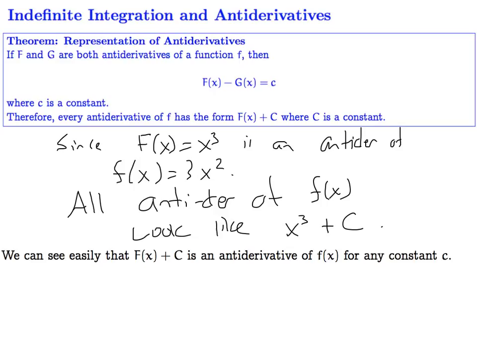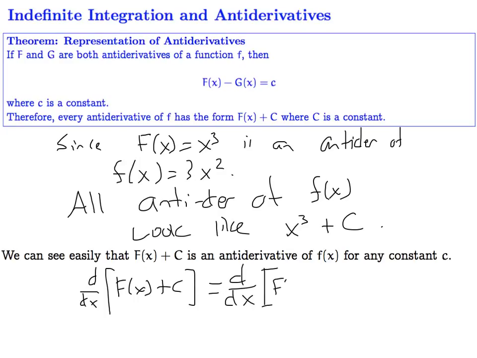So we can pretty easily see that F of x plus c is going to be an antiderivative of f of x for any constant c we pick. Let's take the derivative of F of x plus c. We remember some of our derivative rules we learned so far. I can break this up into two separate derivatives, and then these are really easy derivatives to take.